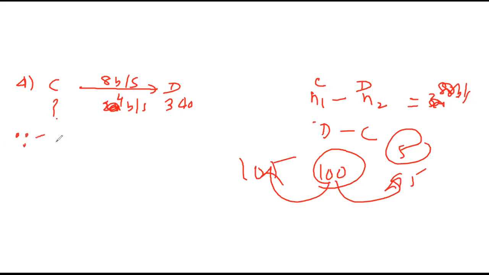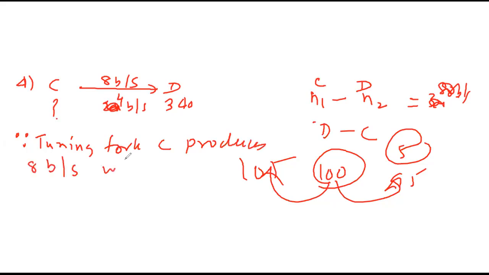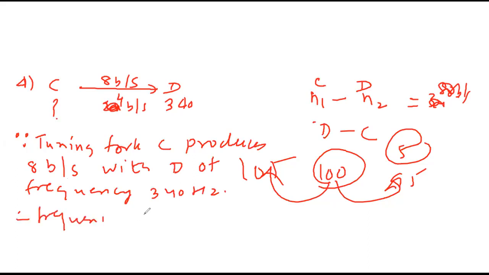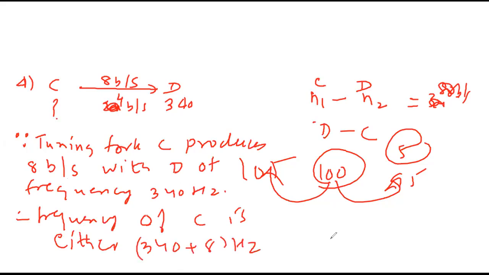Since tuning fork C produces 8 beats per second with D of frequency 340 Hertz, therefore the frequency of C is either 340 plus 8 Hertz or 340 minus 8 Hertz.